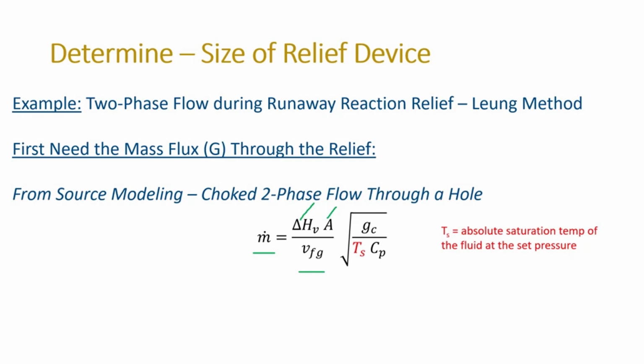Specific volume is in units of volume per mass, and the subscript fg here stands for the transition from liquid to gas. You multiply that by this term, the square root of g sub c. g sub c is a unit correction factor when going from mass to force. T sub s is the absolute saturation temperature of the fluid at the set pressure, and C sub p is the heat capacity of the fluid in energy per mass per degree.